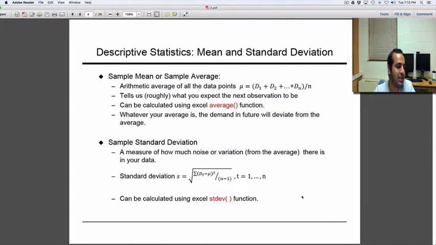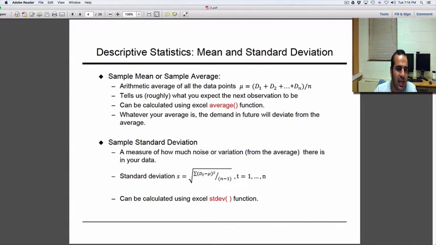That gives you the sample mean. What the sample mean really does is roughly tell you what to expect the next observation to be. Most of the time people just call the sample mean the mean.